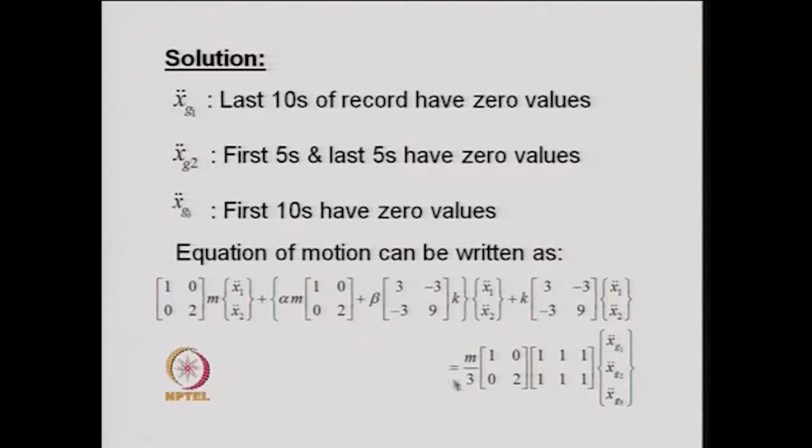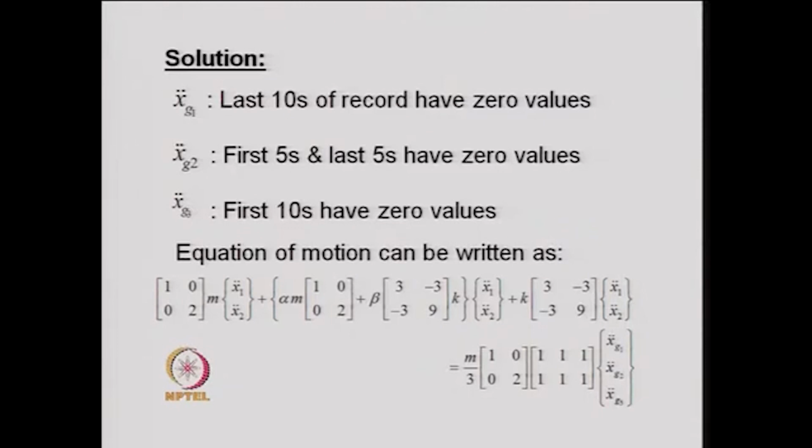For the last support, the first 10 seconds will have 0 values, and the rest of the 30 seconds will have non-zero values. As a result, the effective total duration of ground motion is taken as 40 seconds, and that is how the 3 different records of excitations differ on a scale of measurement of 40 seconds.